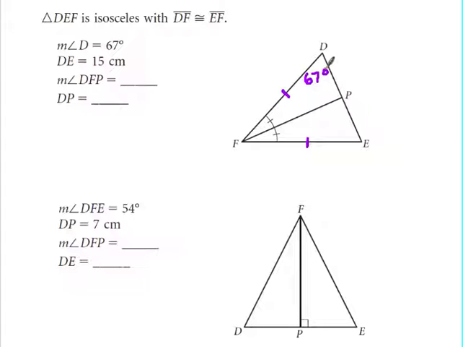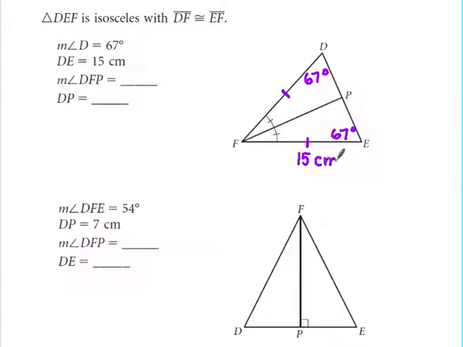So if I know that the measure of angle D is 67 degrees, do I know anything else? The measure of angle E is 67 degrees, because that's an isosceles triangle, and angles opposite the sides are the same. DE, they tell me, is 15 centimeters.